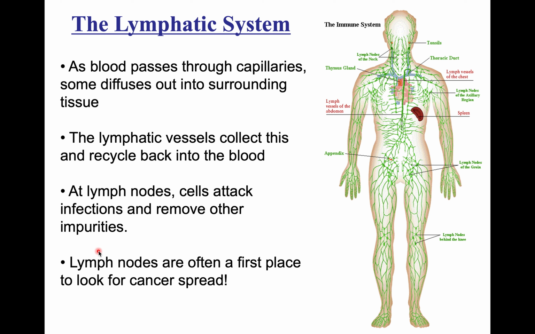So if you do see cancer cells in the lymph nodes, that's a good indication that this primary tumor was already metastasizing and may suggest that you may find cancer cells in other parts of the body as well.